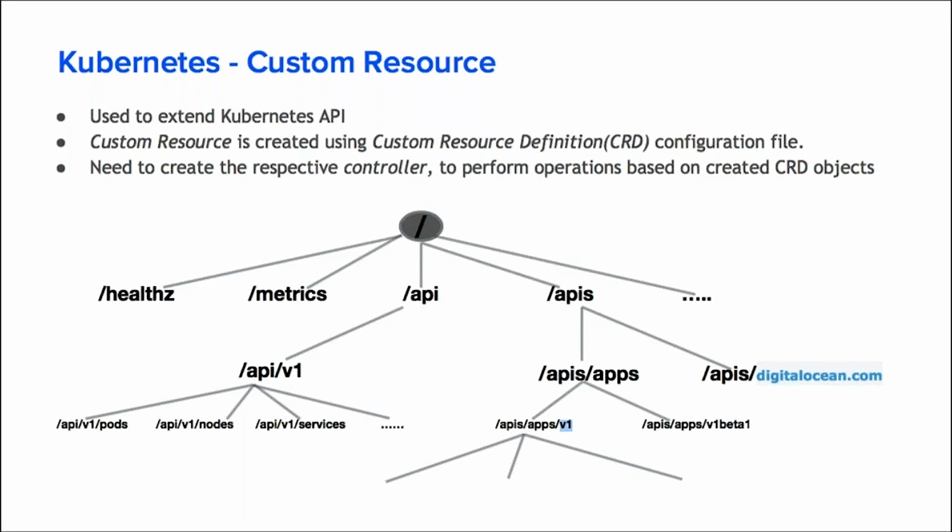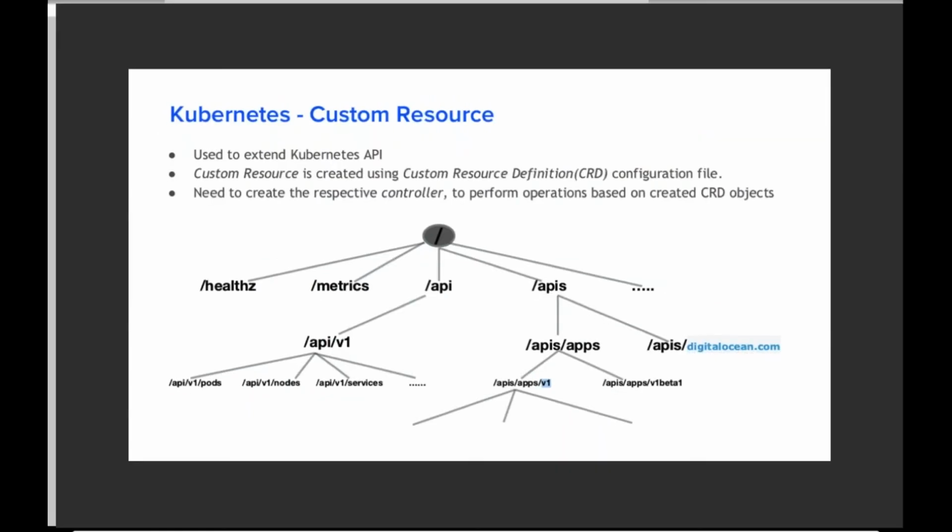For that, Kubernetes gives you functionality by which you can extend Kubernetes without modifying the core Kubernetes code. This is called a custom resource. In this case, we are creating a custom resource called digitalocean.com, and we do it with the help of a custom resource definition. We have a CRD file in which we define which custom resource we want, and under that resource, we would have objects of that type.